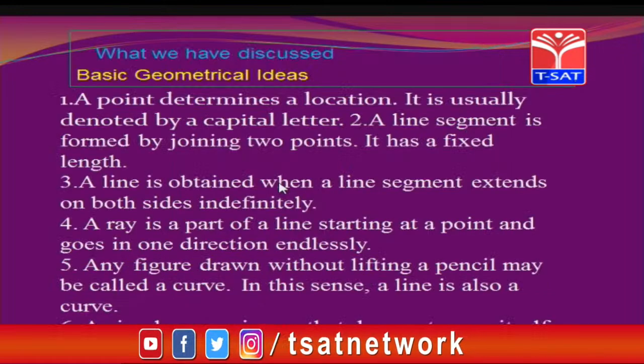So, children, what we have discussed today is point and line segment, line, ray, angle, types of angles, open figures and closed figures, and we discussed some properties of a triangle, types of triangles, quadrilateral and its parts, circle and its parts and its properties.